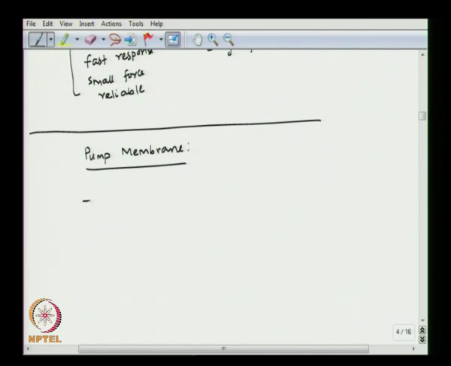So, the pump membranes are normally flexible and reciprocating in nature.